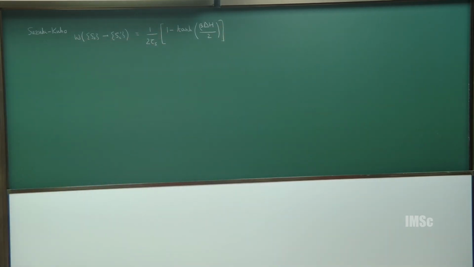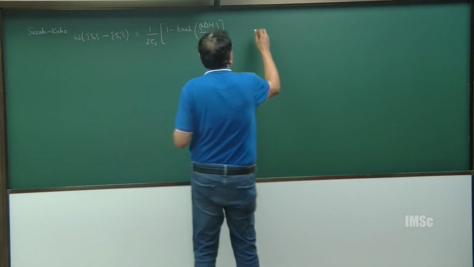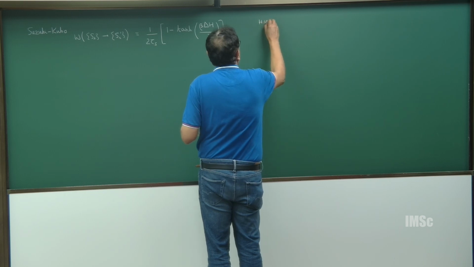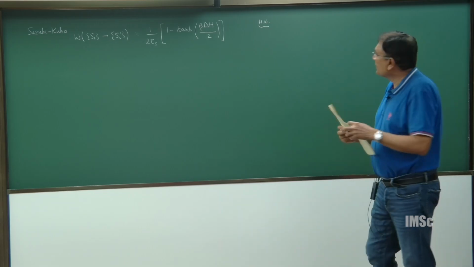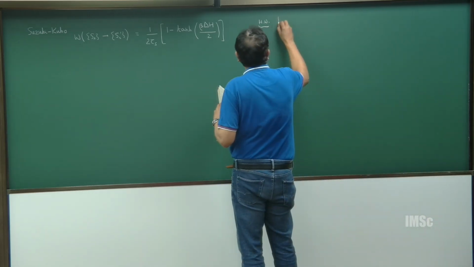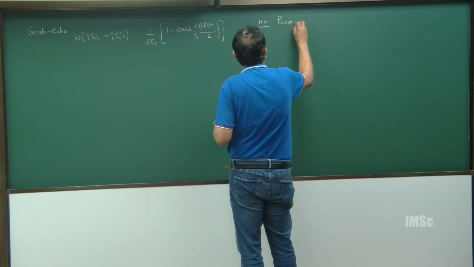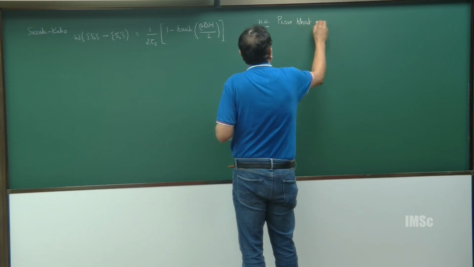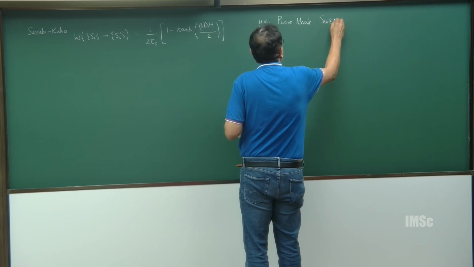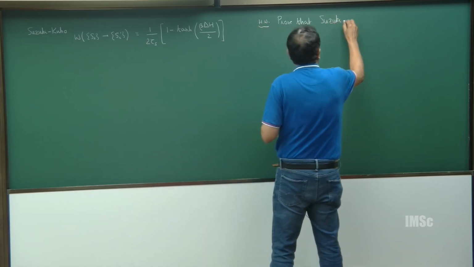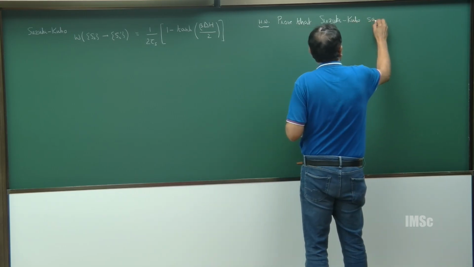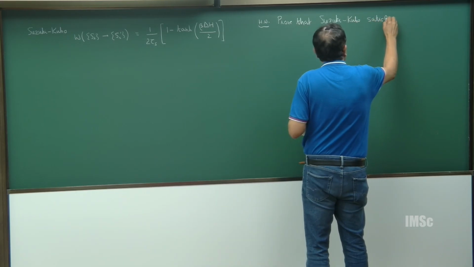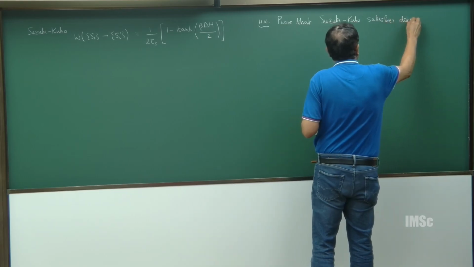Okay. That is the transition probability according to Suzuki and Kubo, and I am just leaving it as a homework problem for you. Please do this overnight because I am still here tomorrow and day after. So try to do this overnight and prove that Suzuki-Kubo satisfies detailed balance.